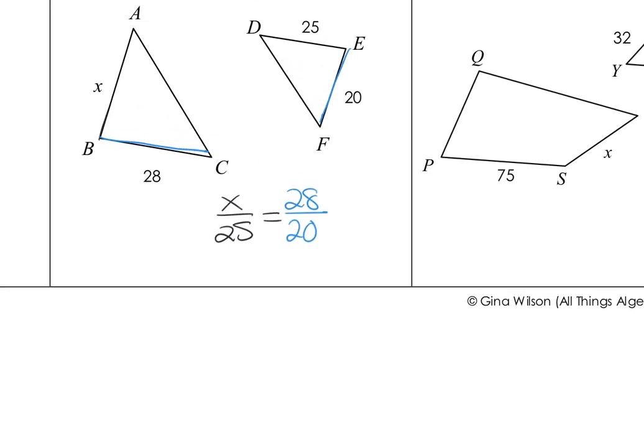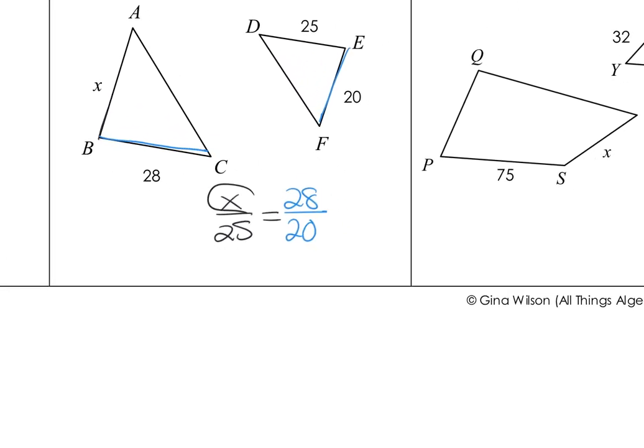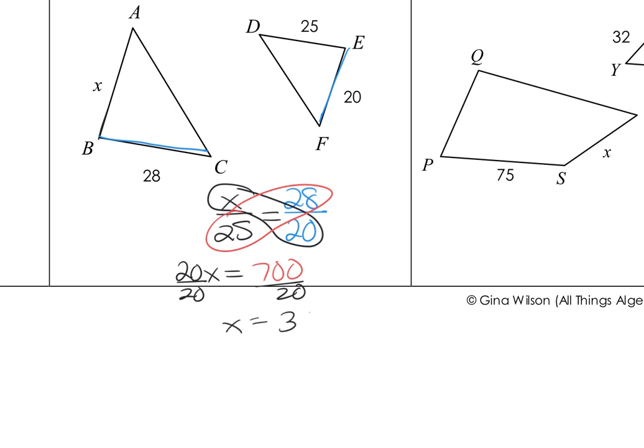Now we begin that journey of cross multiplying. So I'm going to always do that diagonal with a variable. So 20x equals, and then I'm going to set it equal to my other diagonal, 25 times 28, that gives me 700. Let's solve it. Divide both sides by 20, and we get x equals 35.